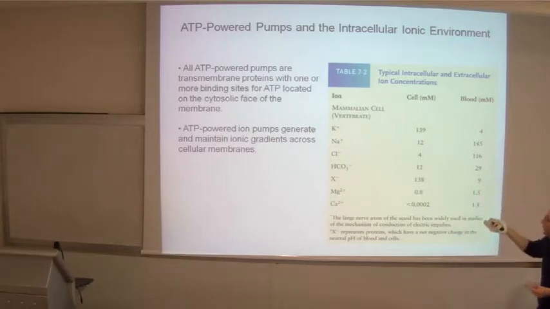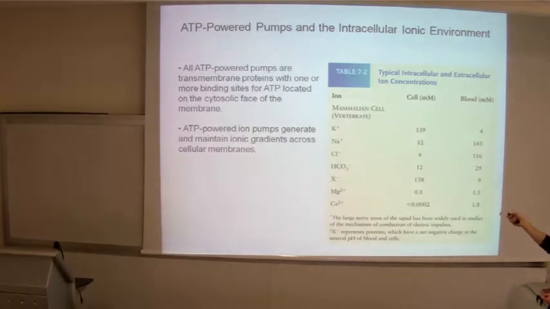And it's quite easy because potassium has high concentration inside the cell and low concentration in the blood or outside the cell, and it's opposite to sodium, chloride, and calcium, which have a gradient inwards. The chemical gradient is towards the inside of the cell, because they have high levels outside.